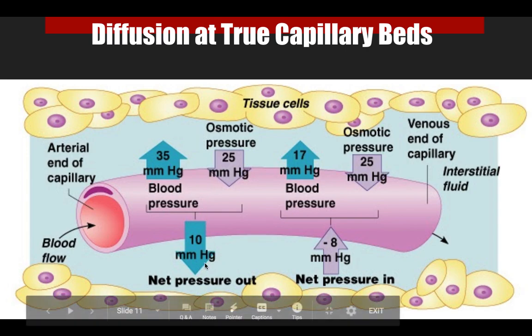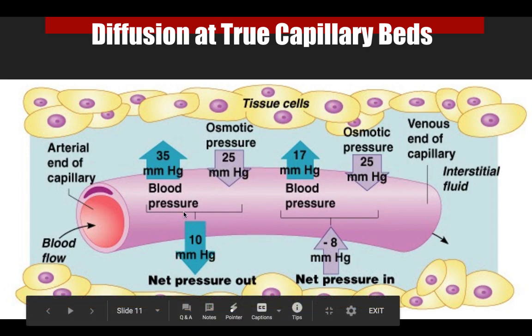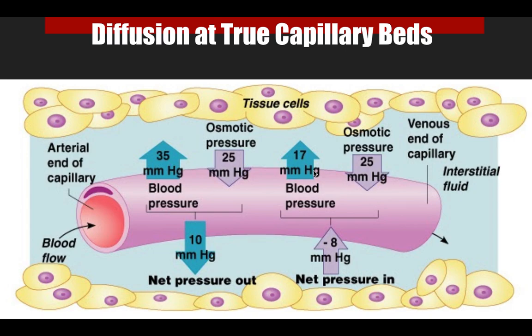And so the net pressure is actually 10 millimeters of mercury directed outwards, away from the blood vessel. So that's going to force oxygen to follow that blood pressure. It's going to go out of the capillary, away from where it's in an area of high pressure, towards an area of lower pressure.